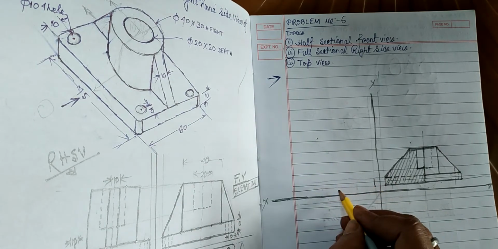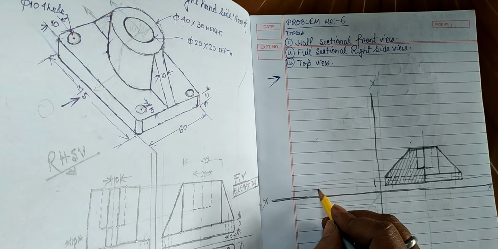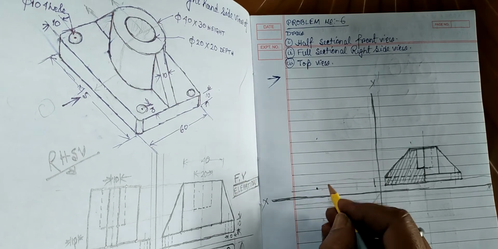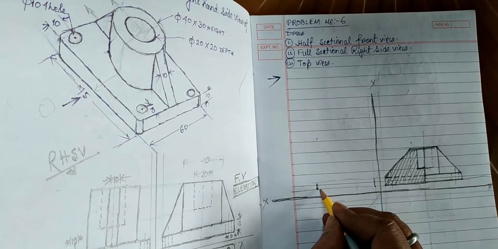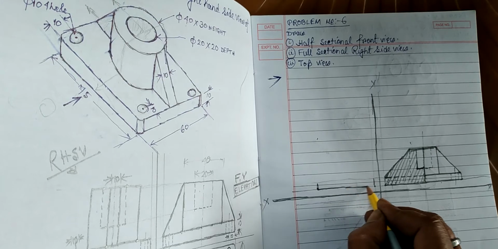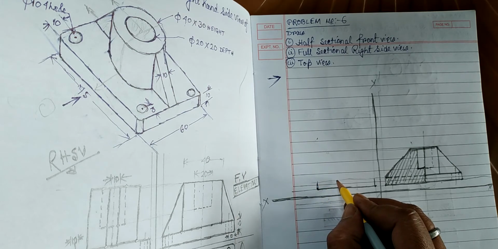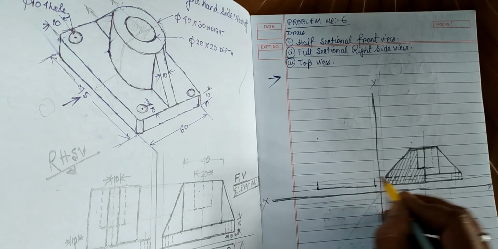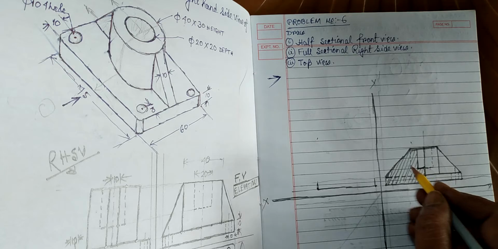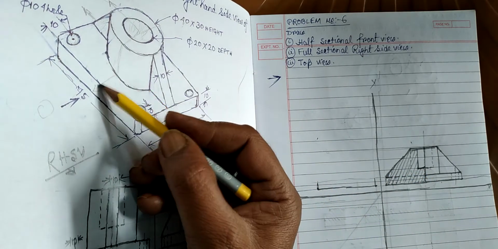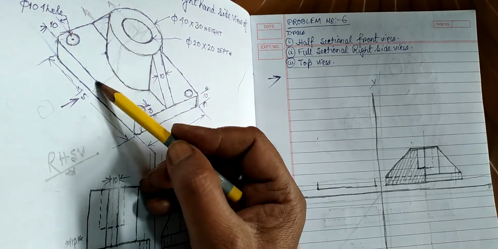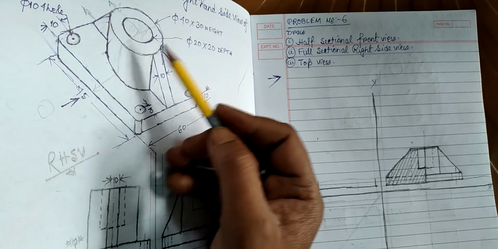Means from here to here, suppose this is 60. This is 60, and full sectional means this is 60, and from here to here is how much? From here to here is how much distance from this side?